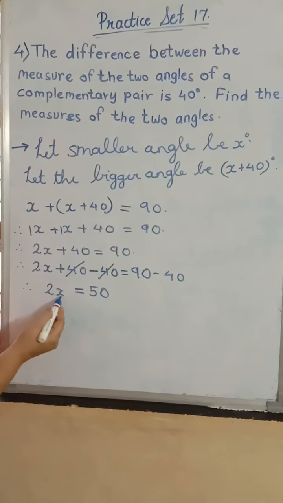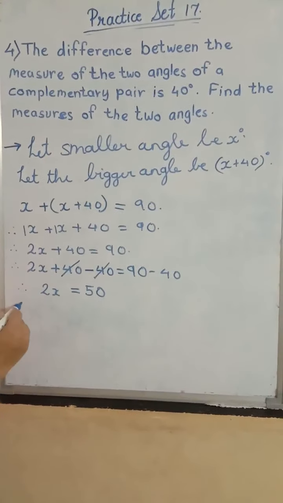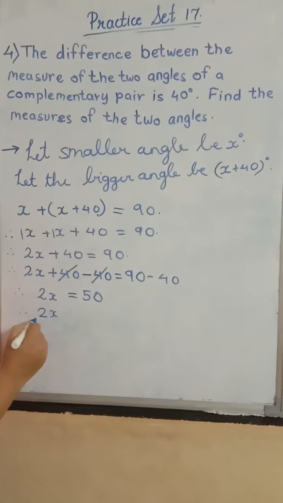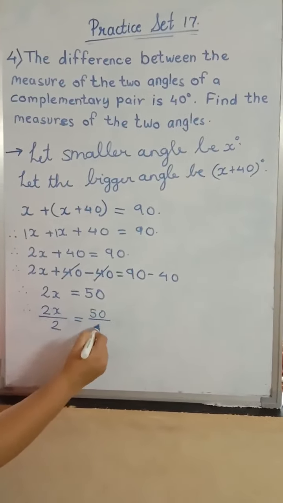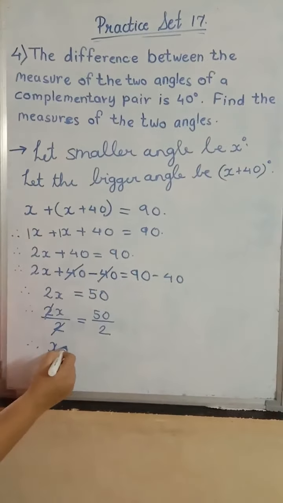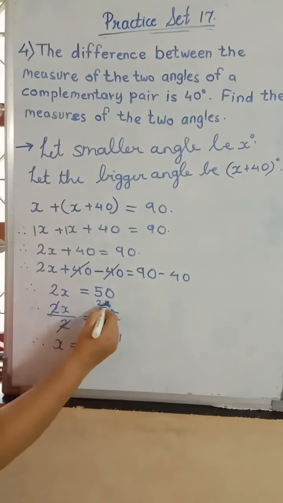Now, do you have 2 with x? What is their relation? Multiplication. So the opposite of multiplication is division. So on both sides you will divide by 2. 2 and 2 will go. Therefore what is remaining? x is equal to 2 fives are 10, 2 twenty-fives are 50, so 25.